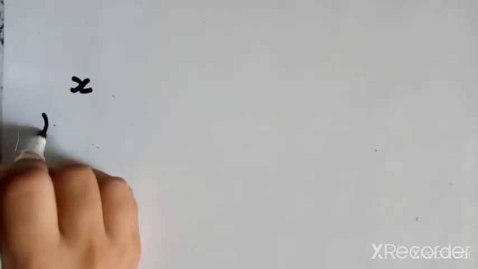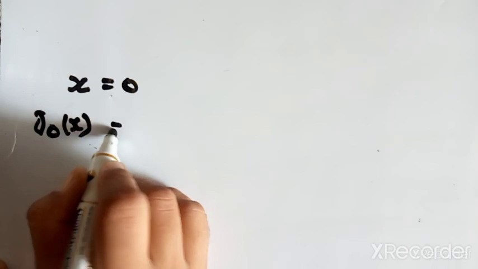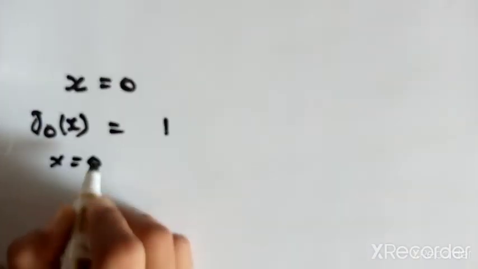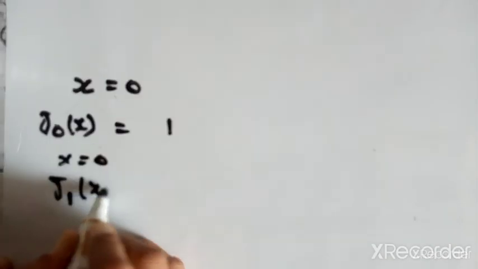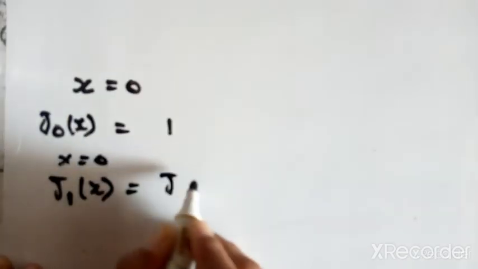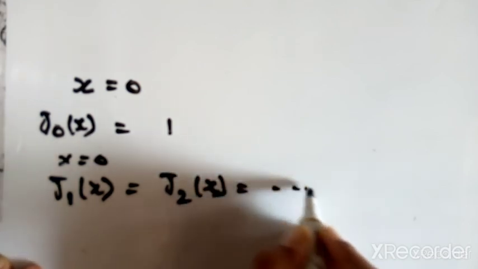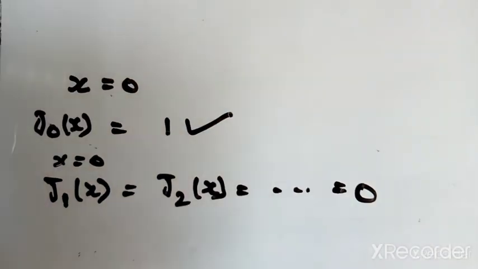At x equal to 0, we find J0 of x. Using x equal to 0 in this series we get only 1, and all other terms are 0.